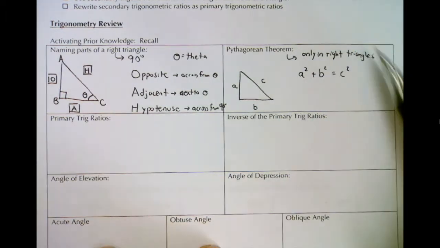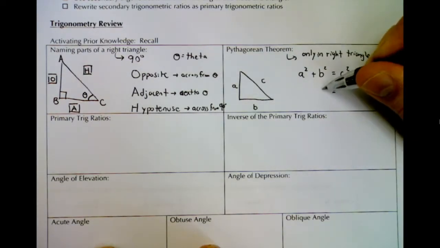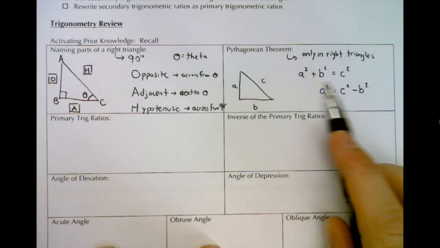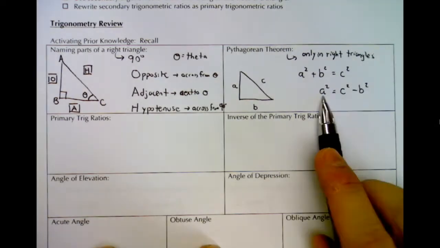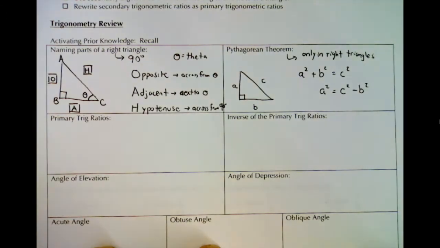And you can rearrange that to solve for one of the short sides as well. Let's say we wanted to set it up for A squared, we just move the B squared to the other side and we get C squared minus B squared. So we can write it to solve for the hypotenuse, or we could write it to solve for one of the short sides. And again, only in right angle triangles.